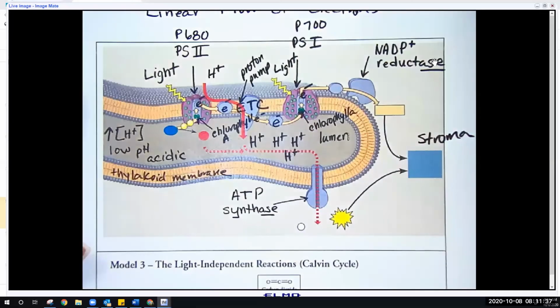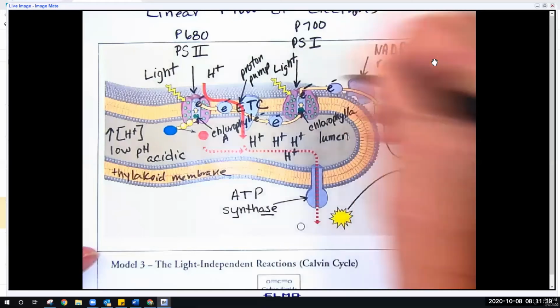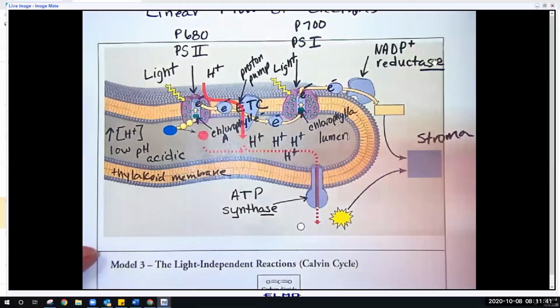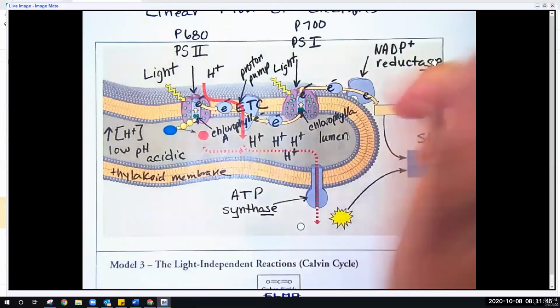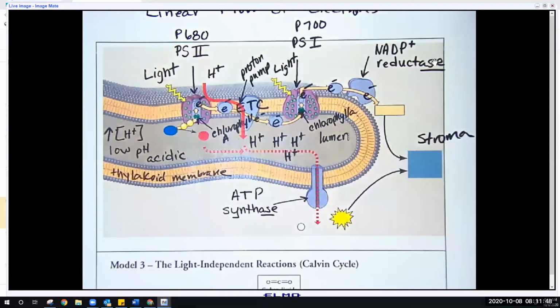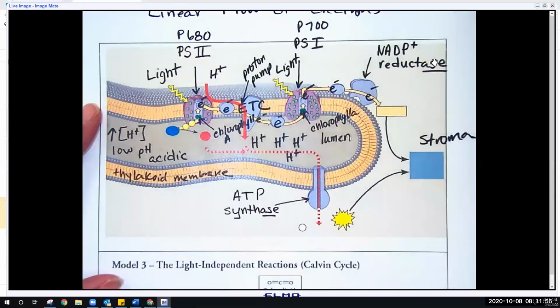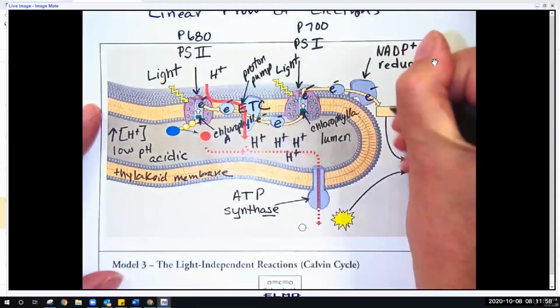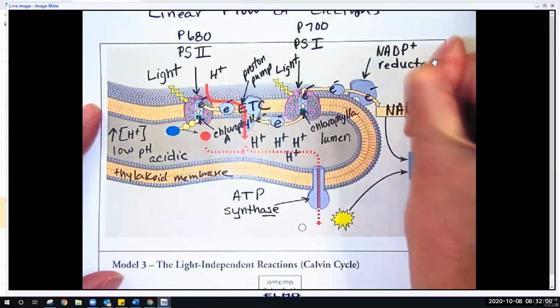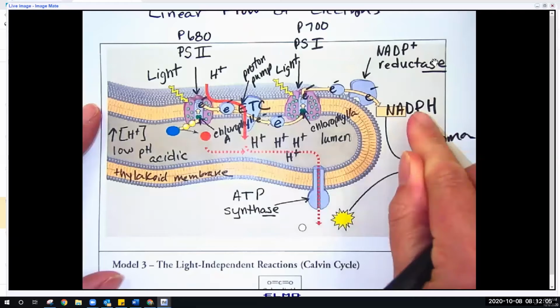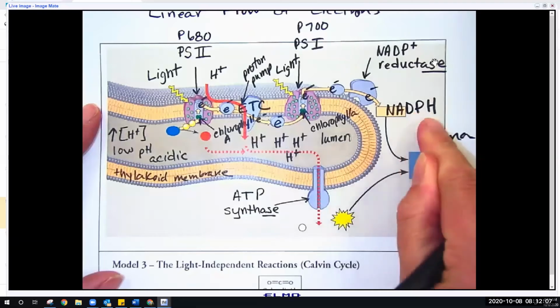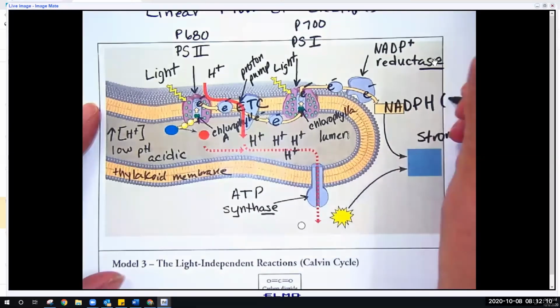It will be transferred through other electron transport proteins until it gets here to this enzyme, NADP+ reductase. That NADP+ reductase is an enzyme that will transfer that electron onto NADP+ to reduce NADP+ to form NADPH, and this is our electron carrier.